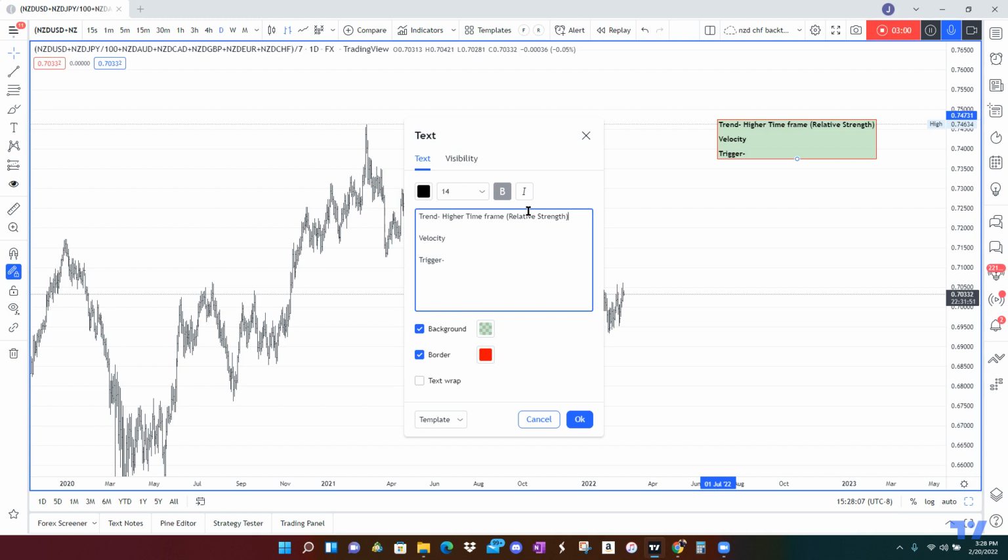And then you have another pair, which is the recessive pair, that you believe is not as strong and you believe its prices will go down. And you will trade in favor of the more interesting pair. So that's what we're basically going to find with our higher time frame trend.